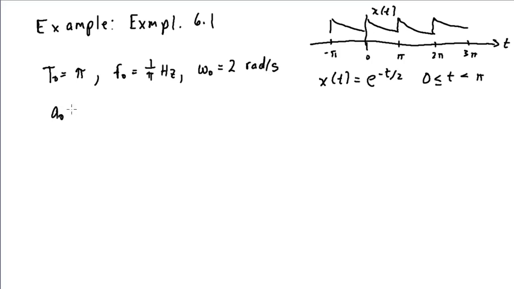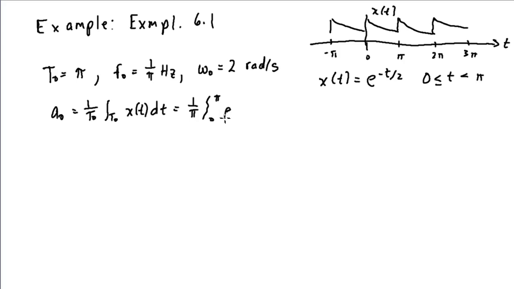We calculate A0 by averaging over any t0 interval. Based on the information given here, we know that t0 is pi. There is no symmetry in the waveform, but we're given the mathematical expression for x of t in the interval from 0 to pi. So that's going to be the most convenient integration interval, from 0 to pi.